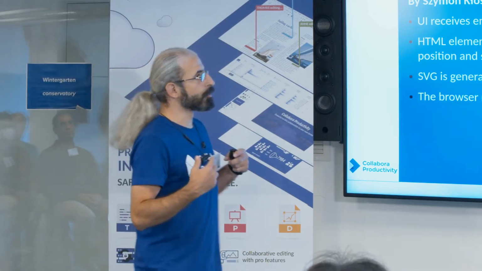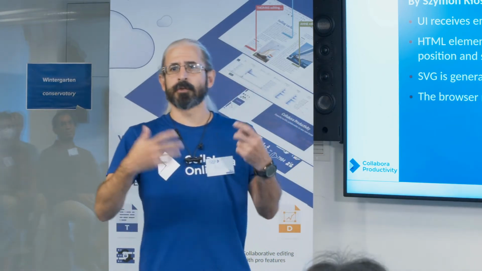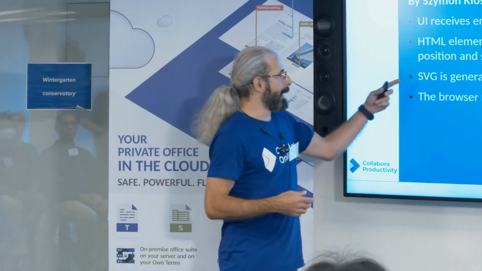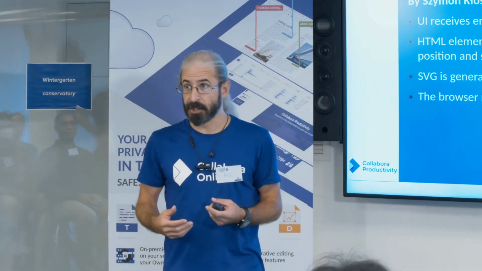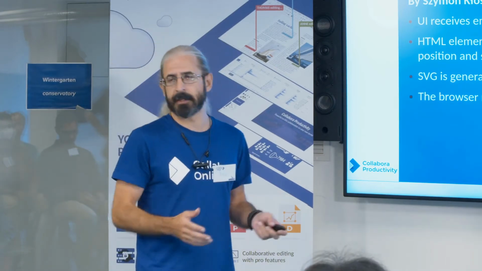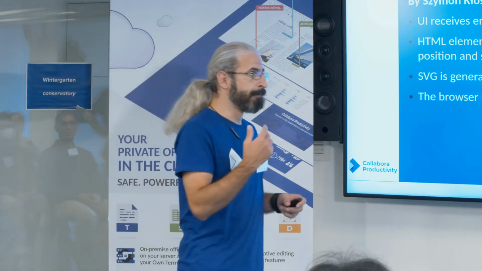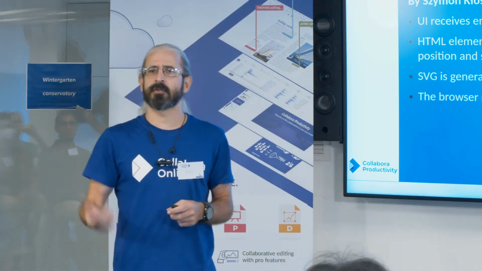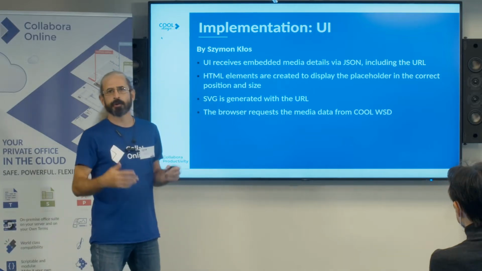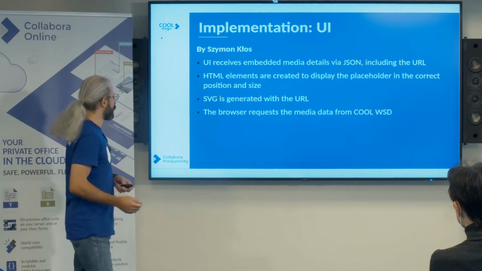All of that is transmitted to the browser. Within the browser, we need to build some HTML elements. Primarily, we are going to use some SVG embedding, which has all the necessary controls that we would like to have. It gives us flexibility to do all of this dynamically, which is what we need because we also want to be able to delete said file if the user selects and deletes it, and in the future, obviously, insert other media elements as well.